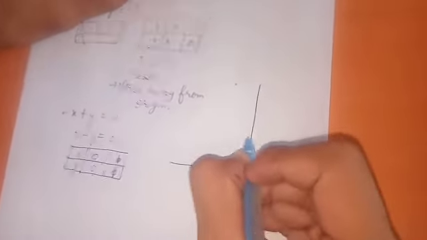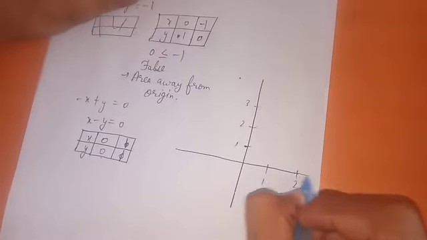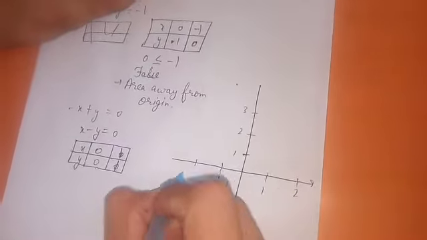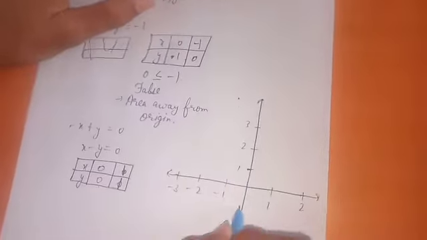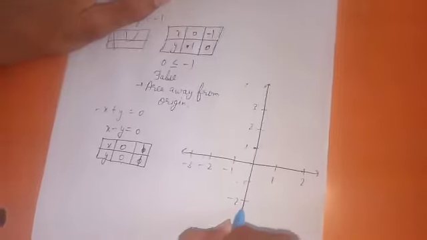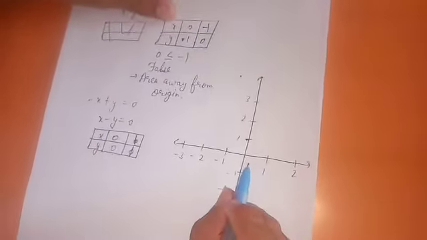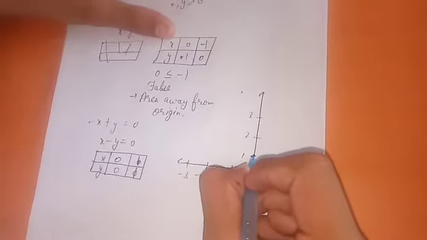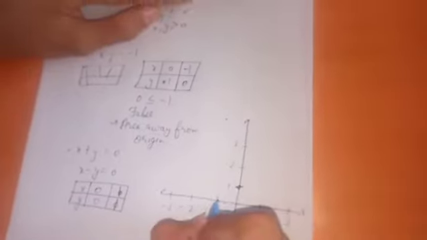So it is 1, 2, 3, 1, 2, minus 1, minus 2, minus 3, minus 1, minus 2. Okay, for first, when x is 0, y is 1, this point, and when y is 0, x is minus 1, this.